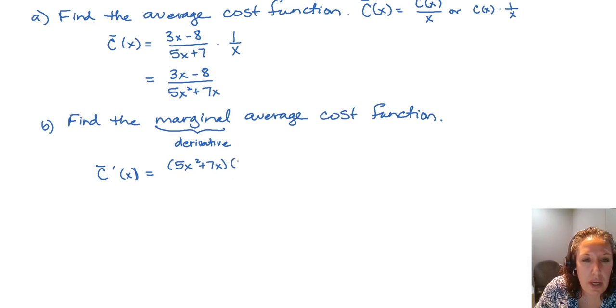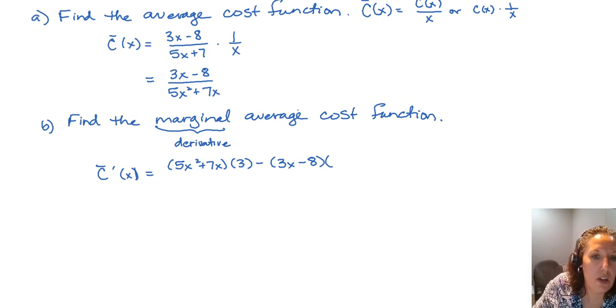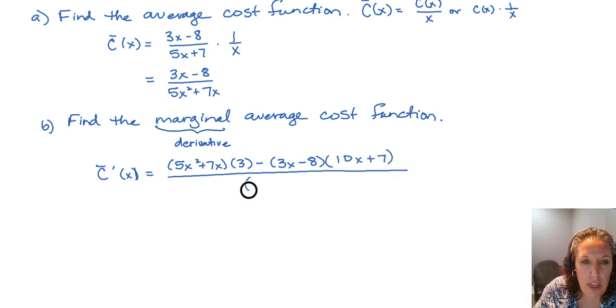Derivative of 3x minus 8 is 3, minus the top, 3x minus 8, times the derivative of the bottom. The derivative of 5x squared plus 7x is 5 times 2x, or 10x, plus 7, all over that bottom squared.